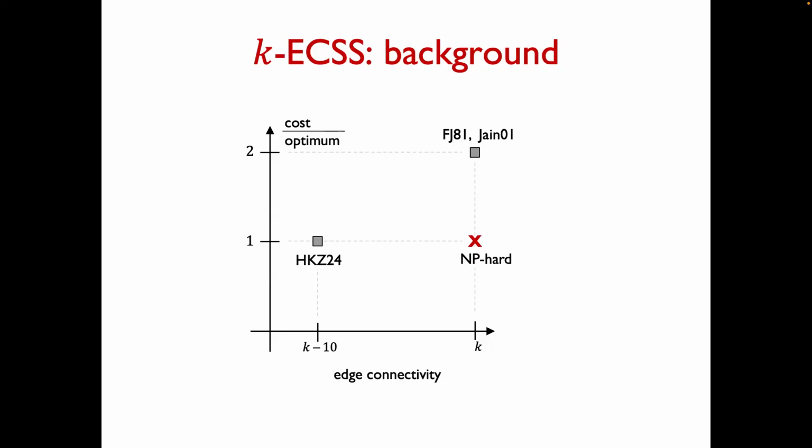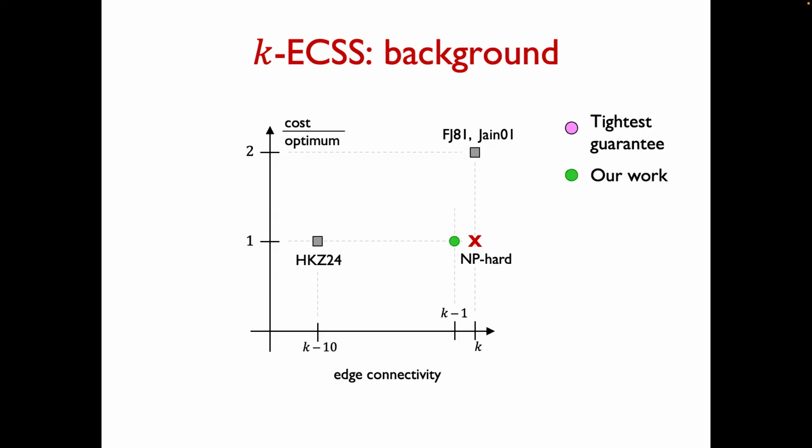This opens up a new line of investigation: if I wanted to stay below this 1 here, how close can I get to k? I can't get k, but I can hope to get k minus 1. And that's what we get.